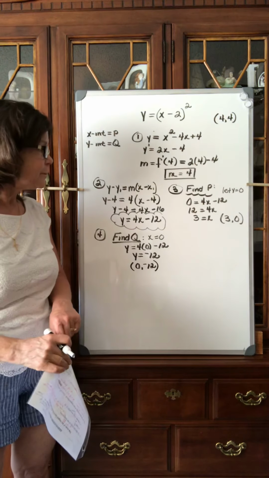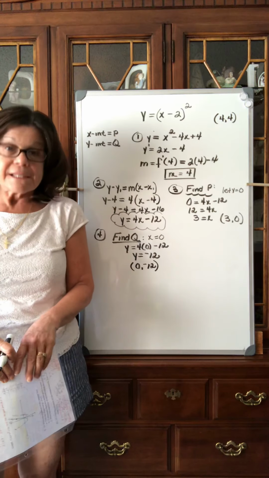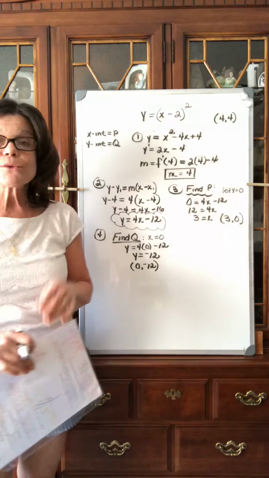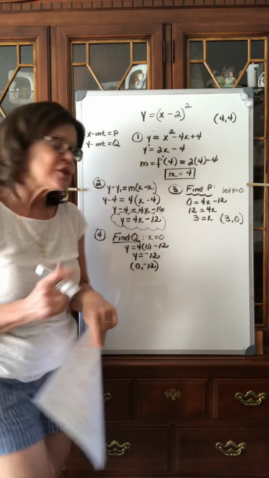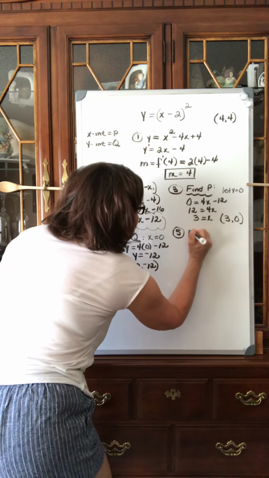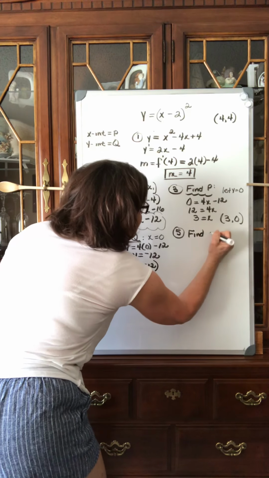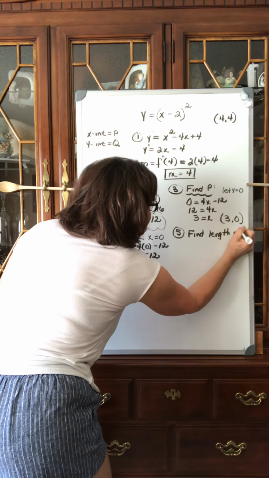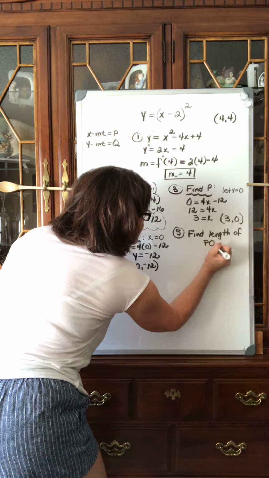We're almost done. We have to just do step 5. Step 5 is find the length of PQ. And that goes, as I said before, way back to Regents geometry, and you need your distance formula. So we're going to find the length of line segment PQ.